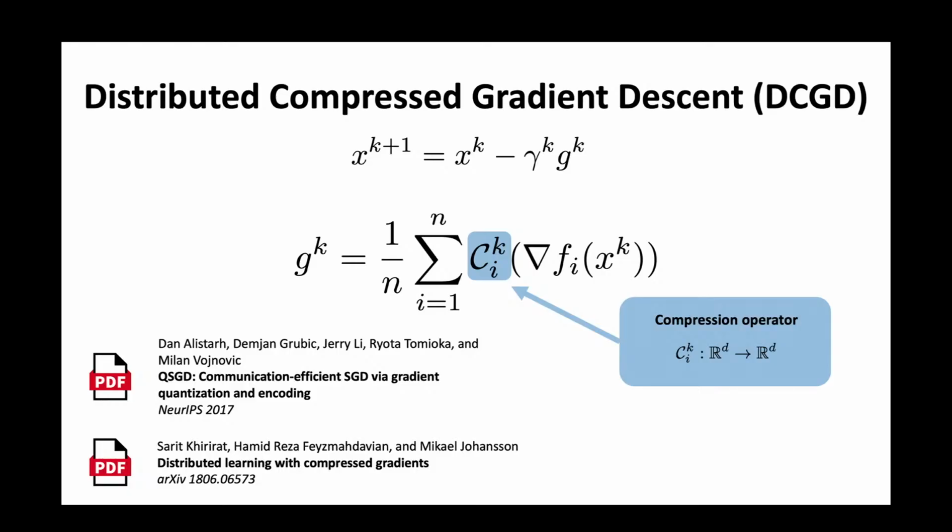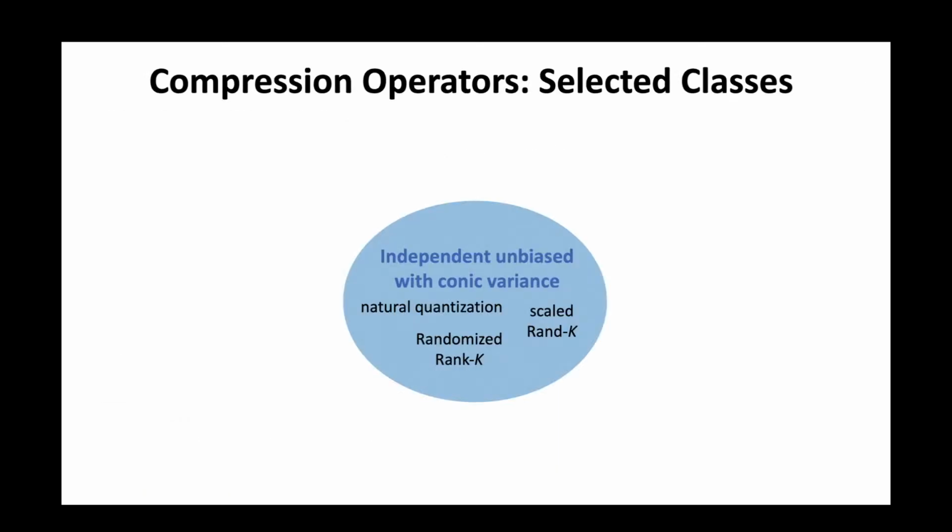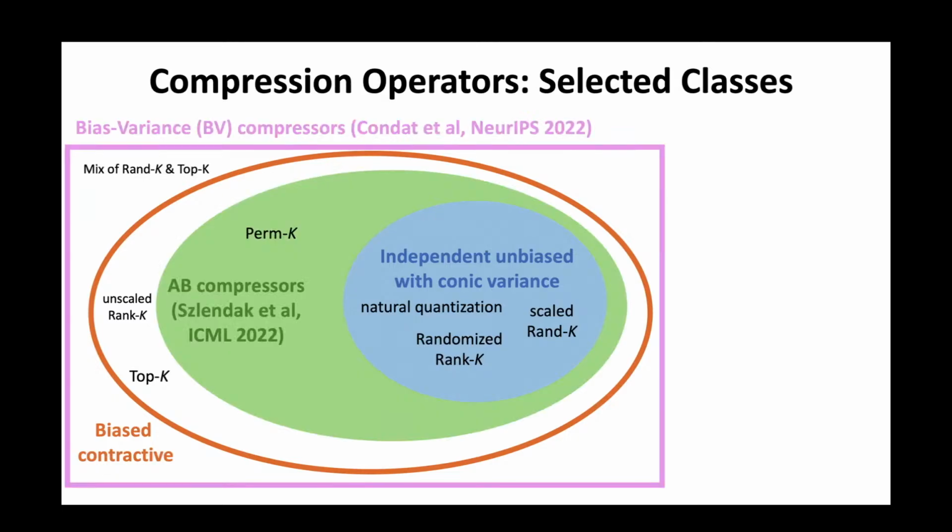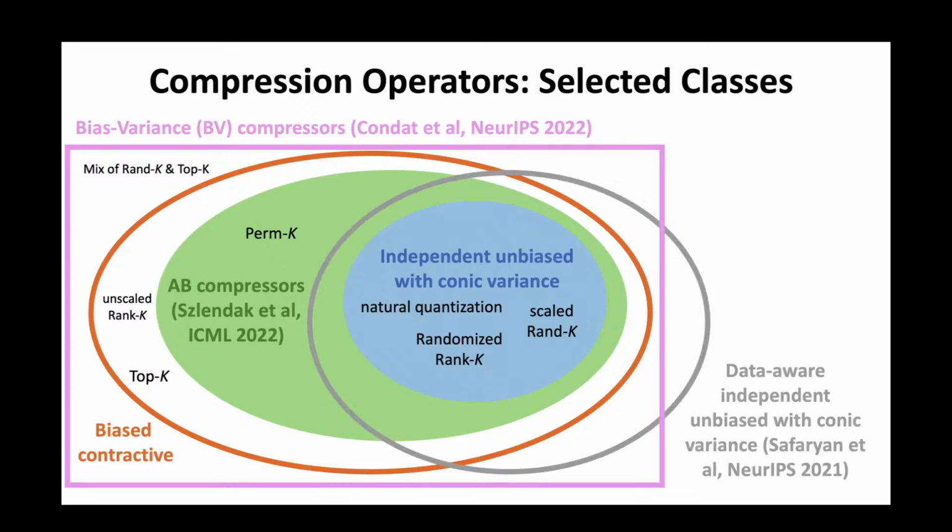And the question is, can you do that in such a way that you get mathematical benefit? Not just practical benefit, but also mathematical benefit. And the answer is yes. If you work with these AB compressors, and in particular the Perm-K compressor, you get mathematical benefit. And in practice, it's much faster, of course, as well. Then you can come up with compressors which take the data into consideration, and then you can get further mathematical benefit.